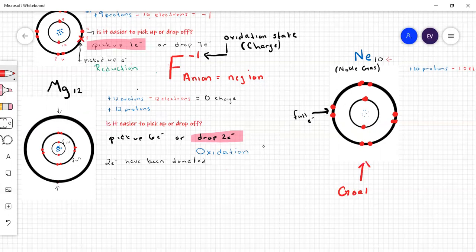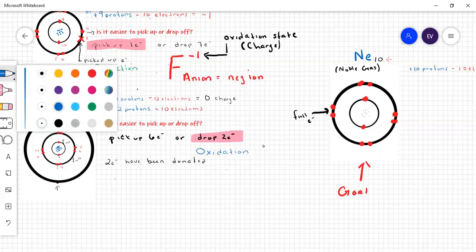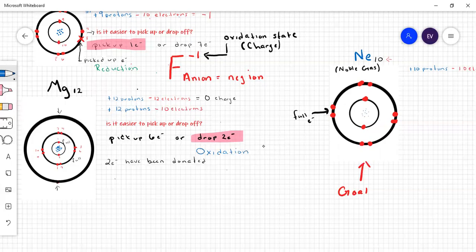So now instead of 12, it only has 10 electrons, right? 1, 2, 3, 4, 5, 6, 7, 8, 9, 10. The 2 that it had on the outside are no longer there. So it only has 10 electrons. Now, if we have 10 electrons and 12 protons, 12 minus 10, I end up with a +2 charge.